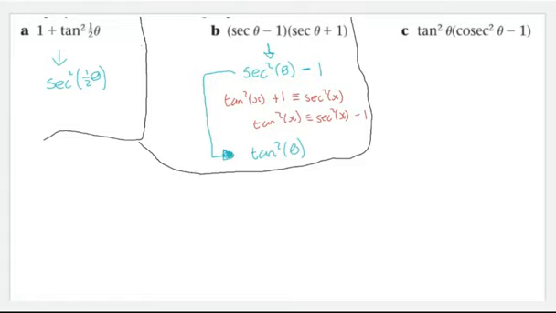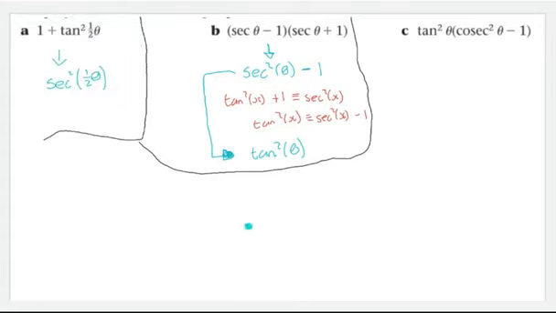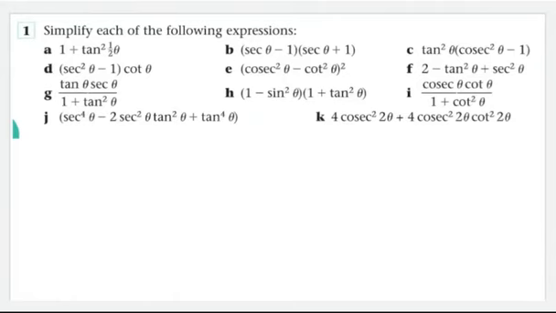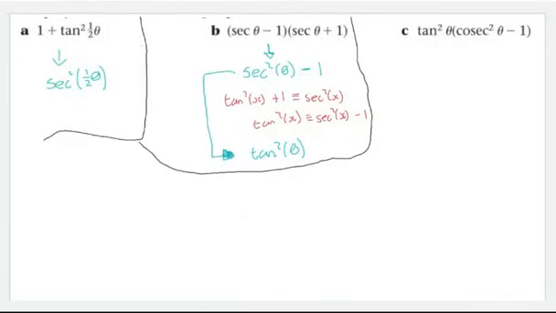Okay. What about the next one? What kind of ideas could we use here? There are quite a few ways to go about this one, but what ideas do you have? Could you first change the cosec squared x into one over sine squared x? You could do that. To be fair, that could work as well.